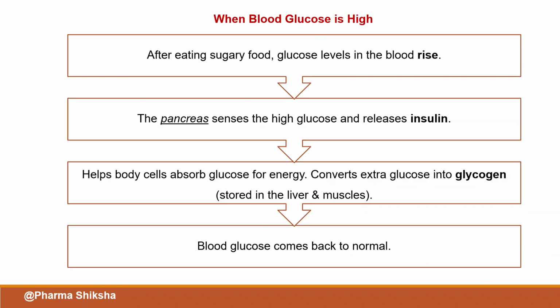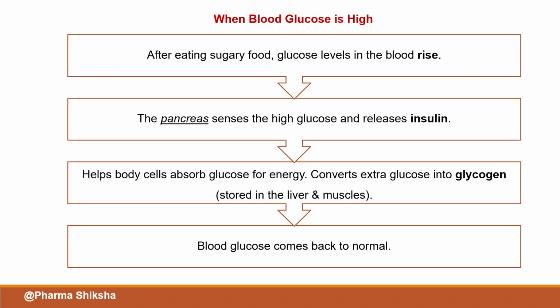And in this flowchart, you can see that when the blood glucose is very high, after you have had sugary food, the glucose level is very high in the circulatory system. So what will happen? The brain will detect it and send signals, so the pancreas will start releasing insulin.